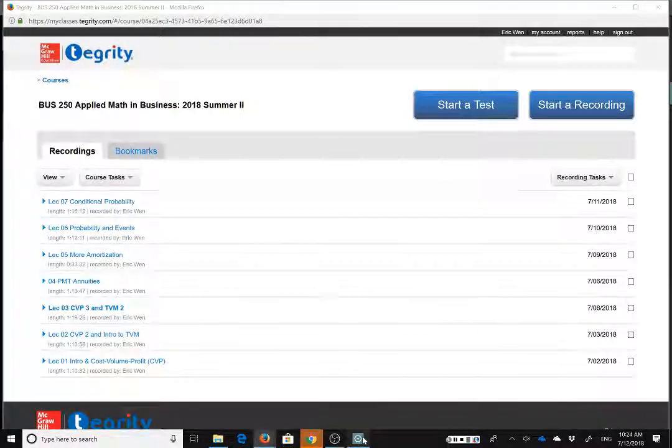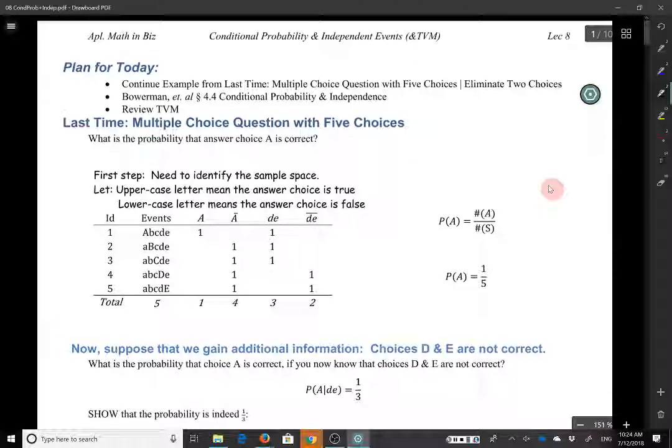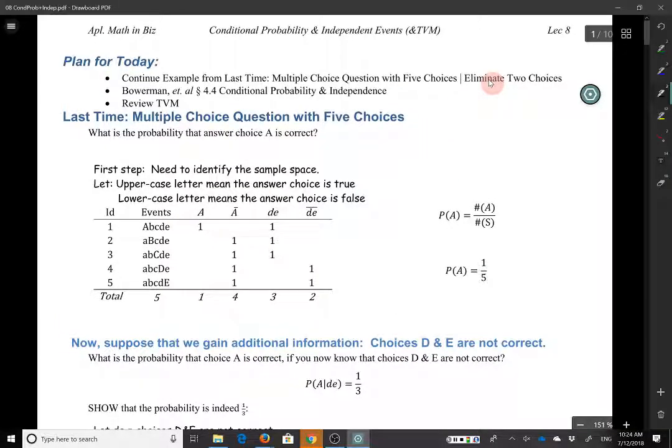Okay. Let's see. So today we want to pick up from what we were doing last time. Last time we were looking at this example of a multiple choice question with 5 choices, and then there's some new information. What's the effect of the new information?